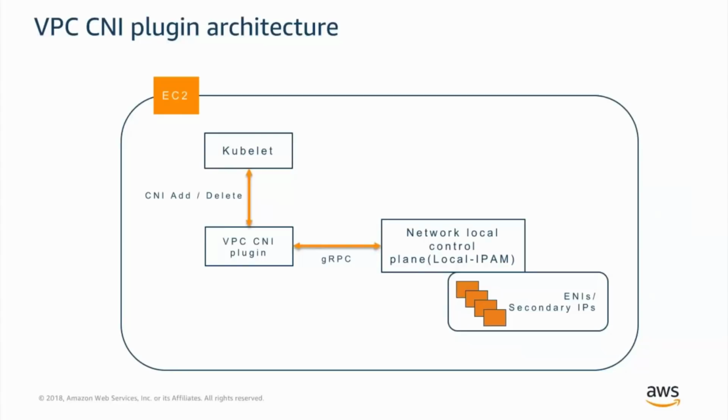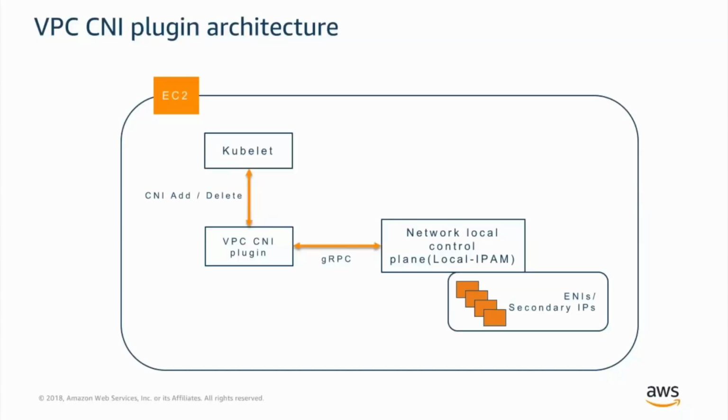The communication between the VPC CNI plugin and the local IP address manager, which is local IPAM, is gRPC. We make use of the local IPAM here in order to maintain the warm pool of secondary IP addresses.